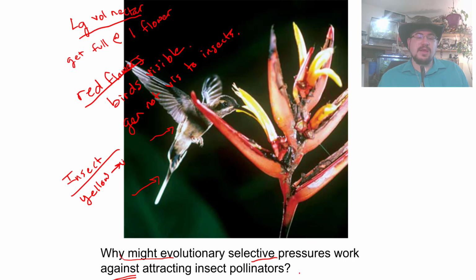And this is because yellow reflects UV light pretty well, and insects see in UV. So insects can see ultraviolet radiation.